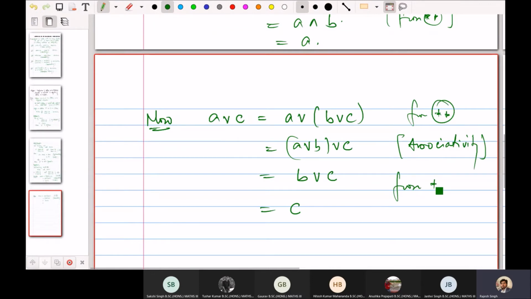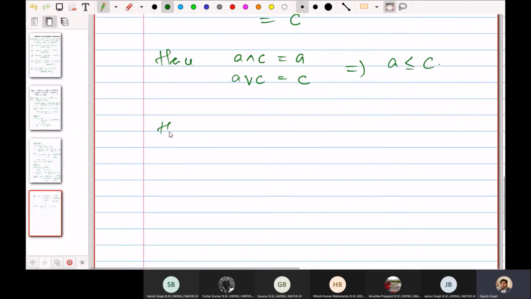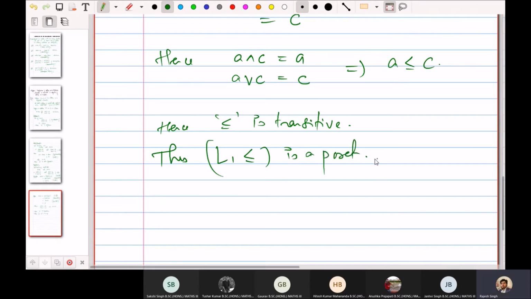So it follows from double star. So hence A cap C is equal to A cup C is equal to C. So this implies A is related to C. Hence this is transitive. So thus L is a poset.